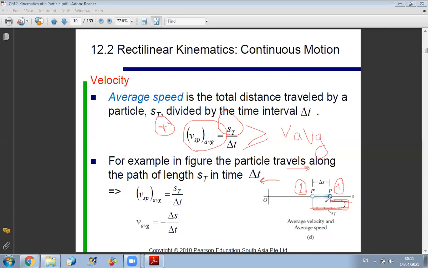But whenever I have a change in sense during motion, then automatically the average speed will be higher than the average velocity, because then the total distance will be larger than the absolute value of the displacement. Okay? Any question on this?